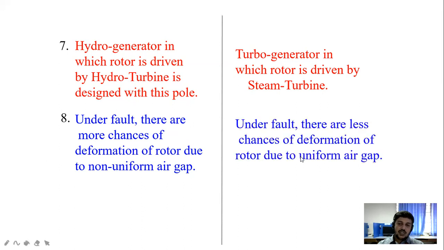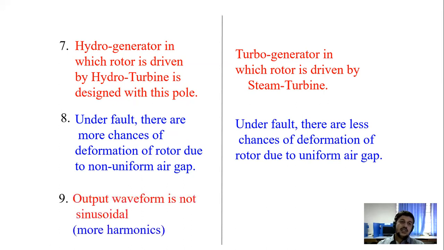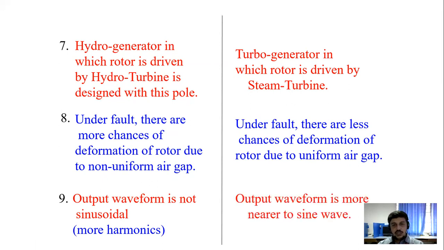Whereas in a cylindrical rotor machine, under fault condition, as the rotor is cylindrical and the air gap is uniform, there are fewer chances of rotor deformation. Next, the output waveform for a salient pole synchronous machine is not purely sinusoidal, so it contains more harmonics. Whereas for a cylindrical rotor synchronous machine, the output waveform is closer to a sine wave, so the harmonics are less.